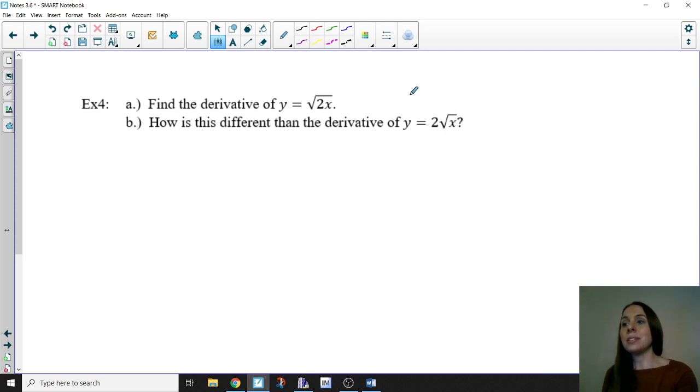That's the difference. This one needs chain rule. This one does not. Okay, so to answer part B, y equals 2 root x. Let's start with the simpler one. Does not use chain rule.